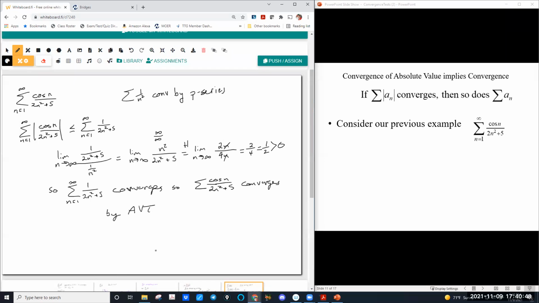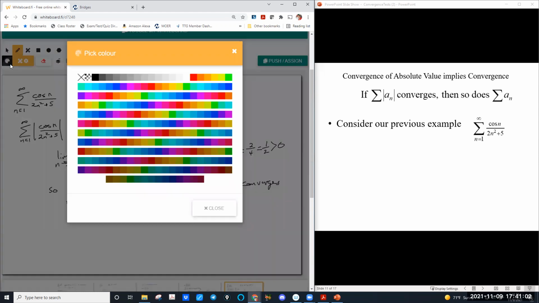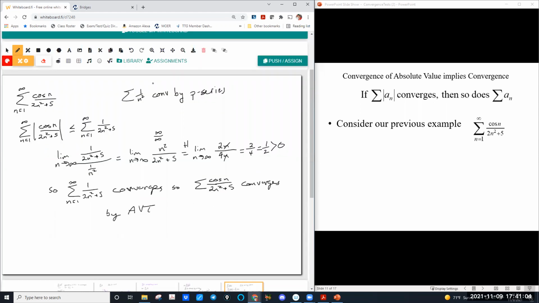Questions about this example? And I didn't mention it at the time, I chose 1 over n squared to compare it to. I could have chosen 1 over 2n squared because that's 1/2 times a p-series. But again, same idea.